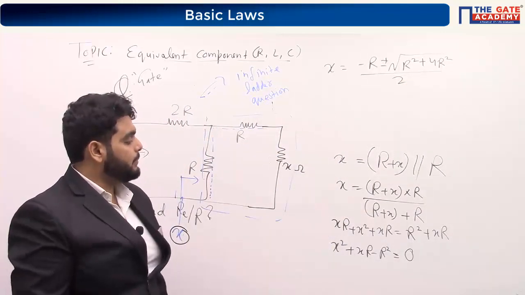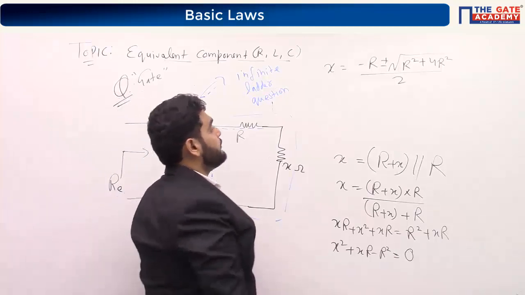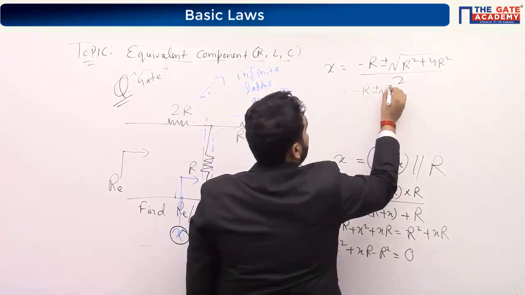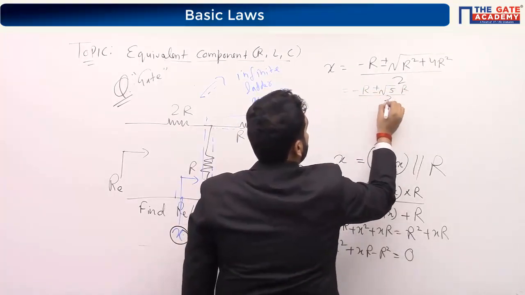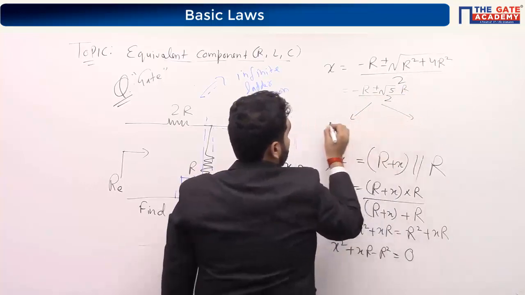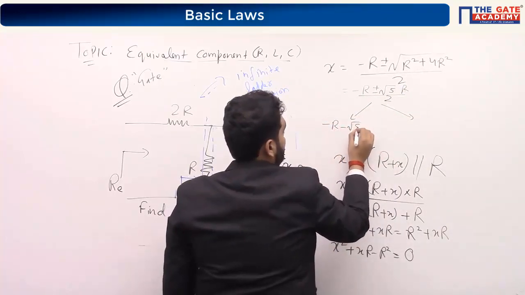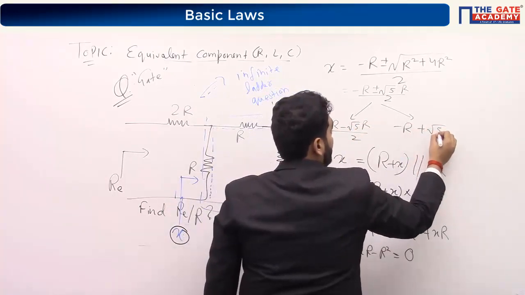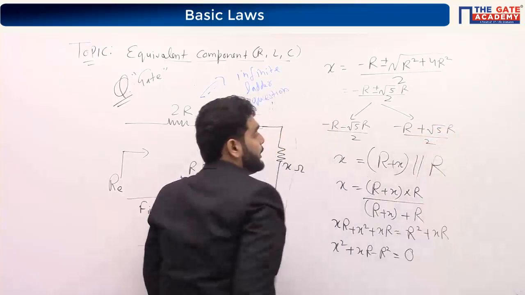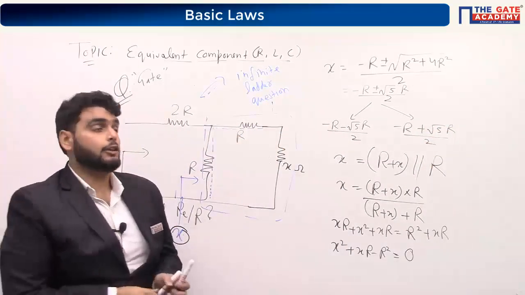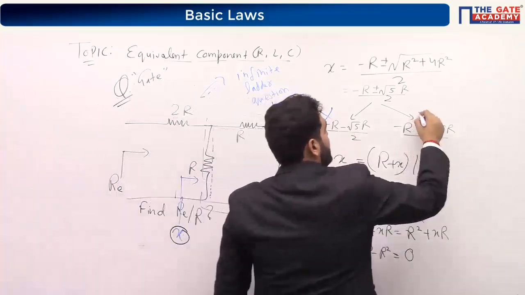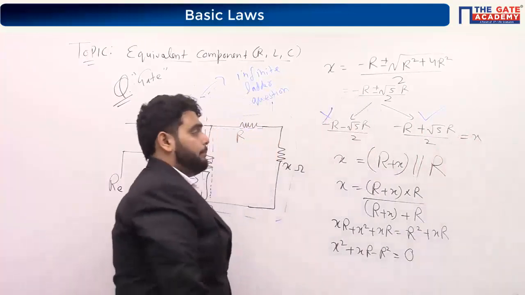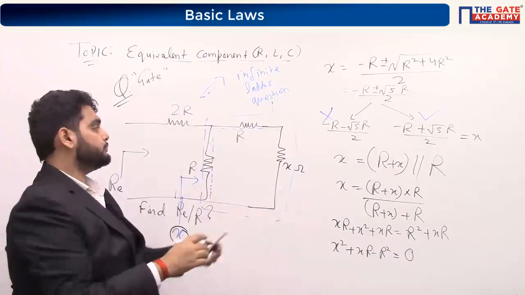It will give you minus R plus or minus root 5 R divided by 2. So we have two values: one is minus R minus root 5 R divided by 2, another is minus R plus root 5 R divided by 2. Resistance cannot be negative, so the first cannot be the answer. The value of X is minus R plus root 5 R divided by 2.